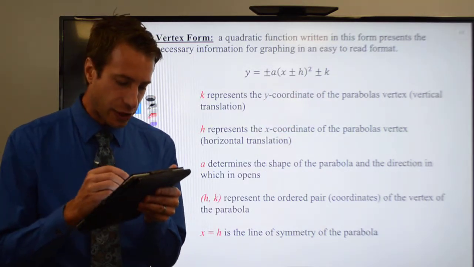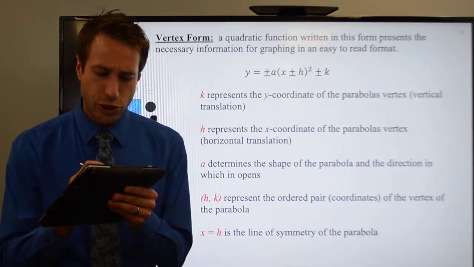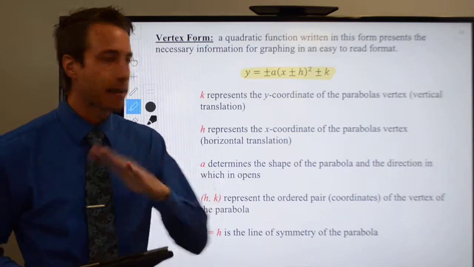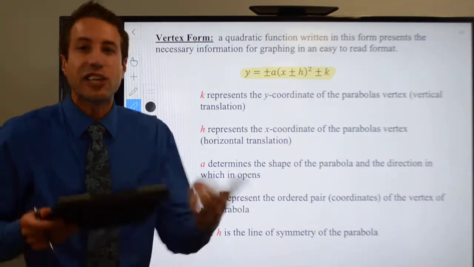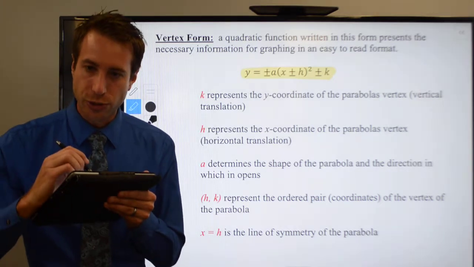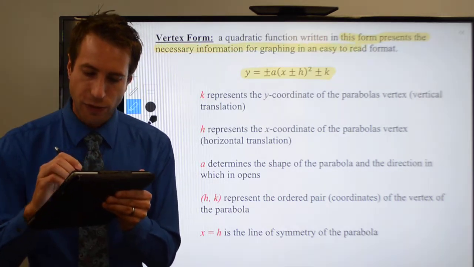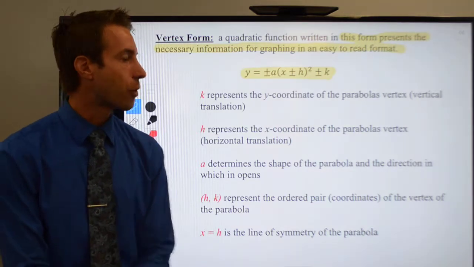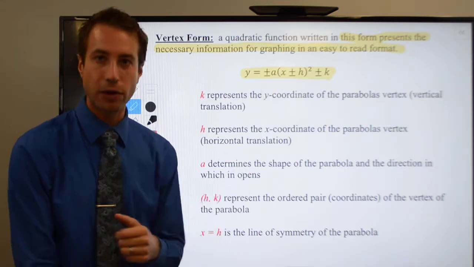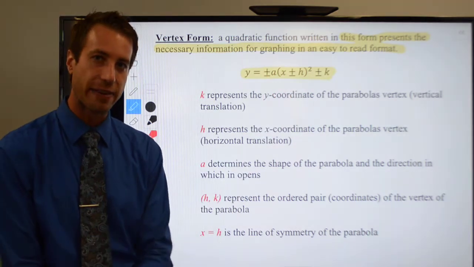Again, you should remember this, and if you don't, just jump back to that section and quickly refresh your memory on it. I am going to move forward like you remember what we did back in Chapter 2, Section 7. This form presents the necessary information for graphing in an easy-to-read format. So unlike standard form, having your quadratic in vertex form actually makes graphing the function very, very easy.